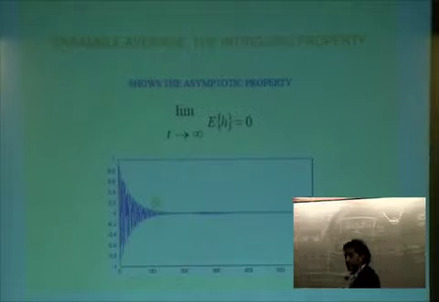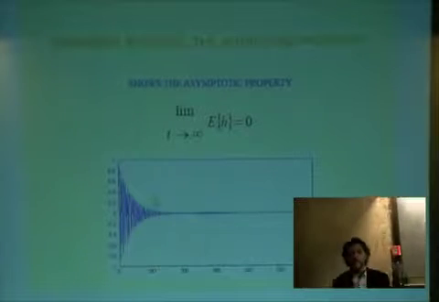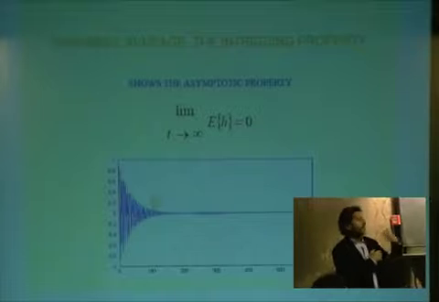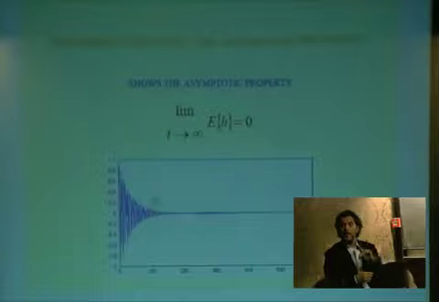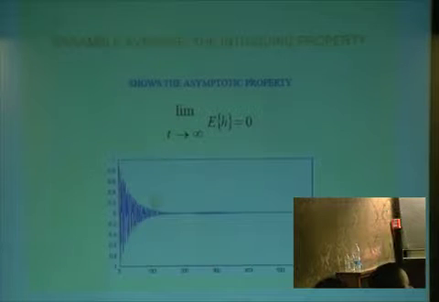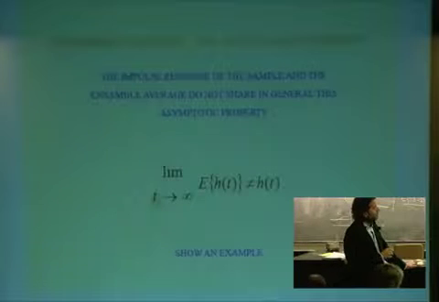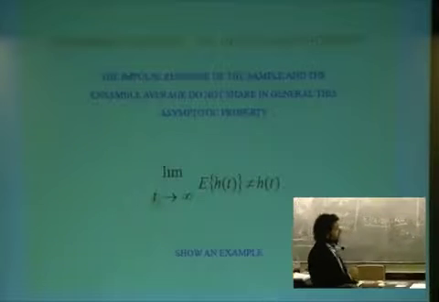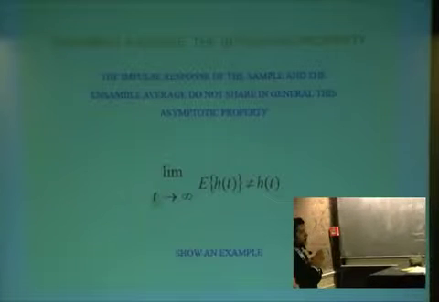This is not a property that the average shares with the single sample. The single sample has oscillations and has energy that comes back from the end. But this property is not shared by the ensemble average. The ensemble average has this very nice asymptotic property. In fact, the impulse responses of the sample and of the ensemble average do not in general share this asymptotic property.